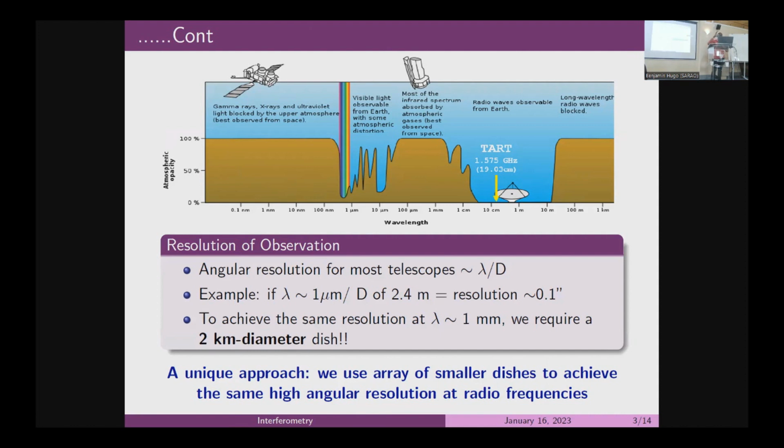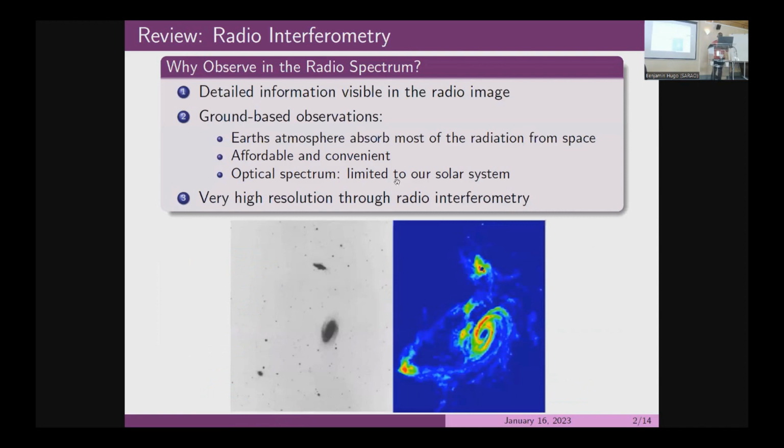They can be attenuated because they travel longer path lengths, but in as much as they reach the earth as weaker signals, we can use powerful instruments like MeerKAT to detect them. And the fact that you can also do ground-based observations makes it affordable and convenient for scientists.